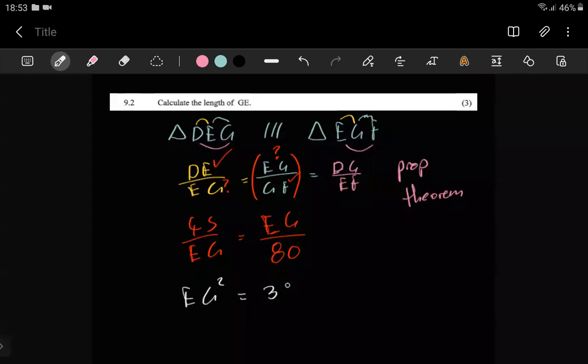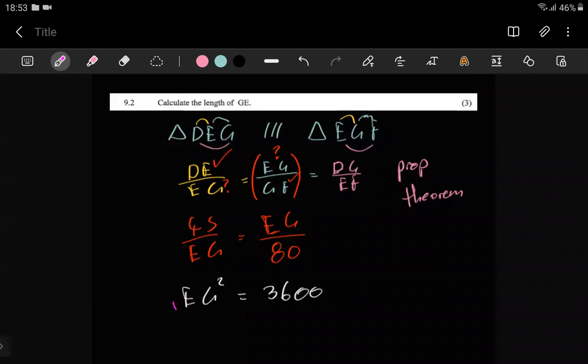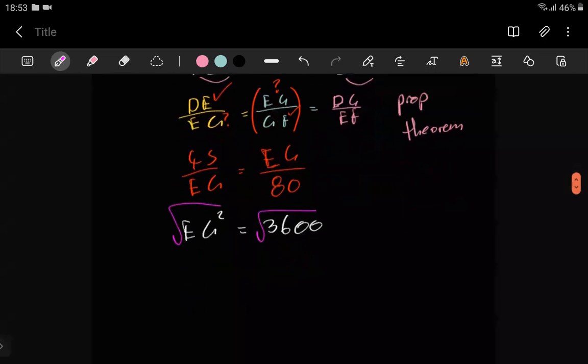So EG squared is equal to 3,600. Perfect. Now, from what we have here, we can just square root both sides. Square it here, square it here. This is EG. Square root of 3,600. It's going to give us a 60.